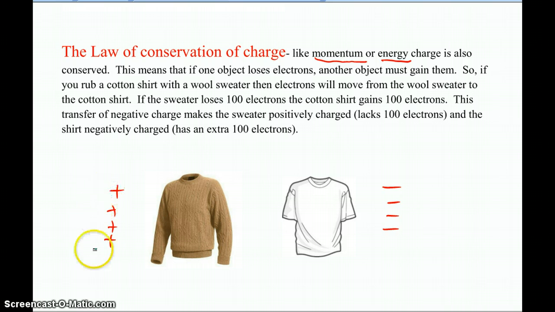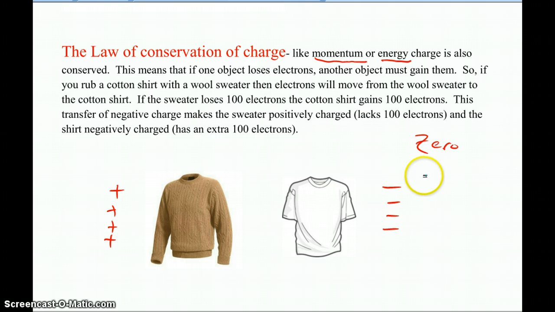Now if I move 4 electrons to the shirt, then I will have left behind 4 extra protons on the sweater. Now the total charge of this system did not change. Initially it was 0 because I had 1 electron for every proton.